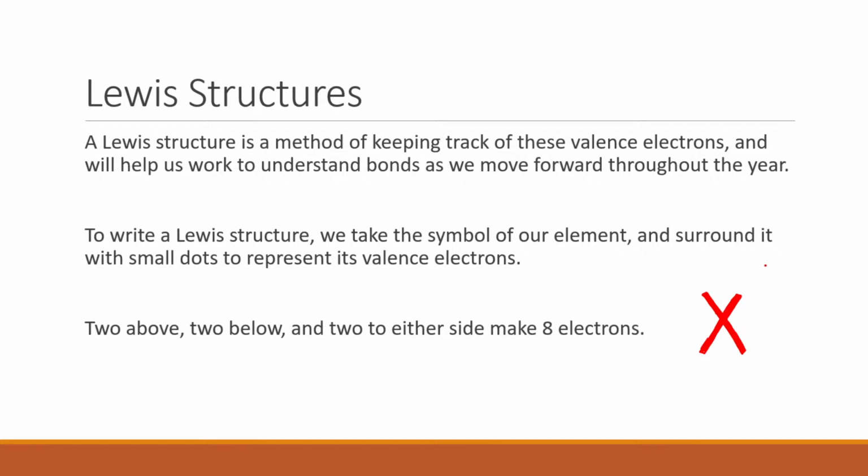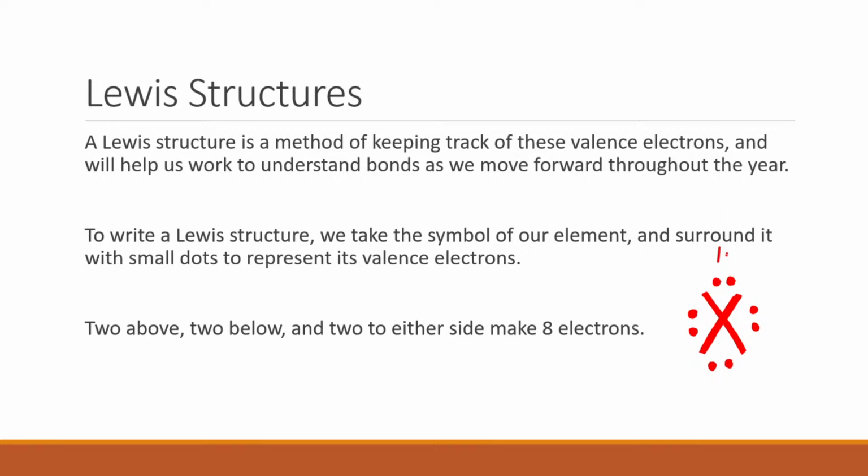And we have to do this in a very specific way. You must put 2 dots on either side of the symbol in order to show up to 8 valence electrons. And on top of having 2 on each side, we have to put them there in a very specific order.